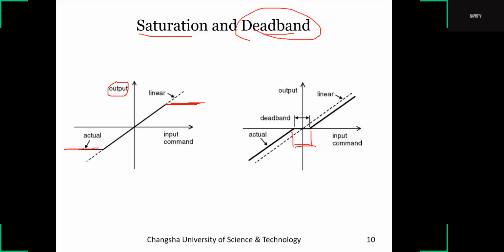In this range the output is the same and cannot be changed by input, so this is deadband.